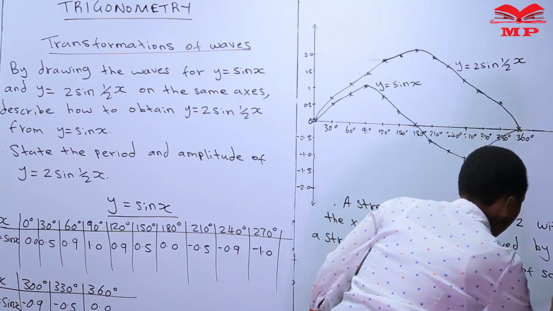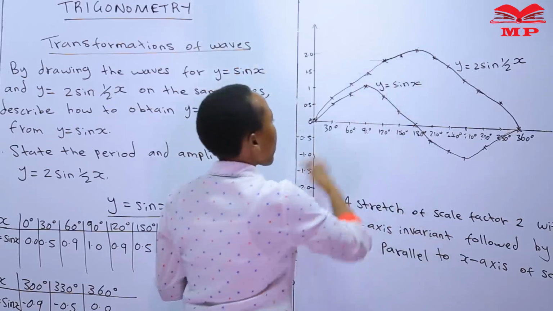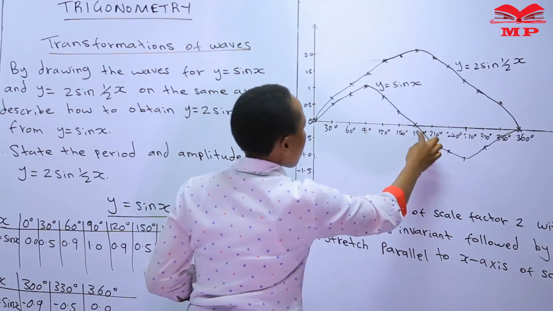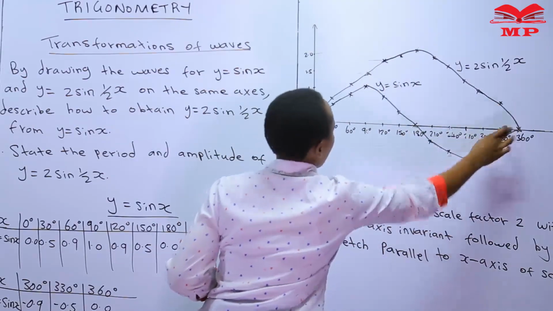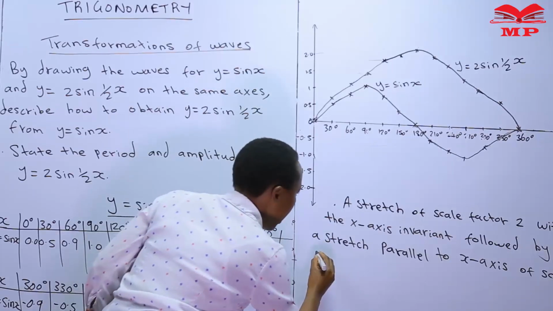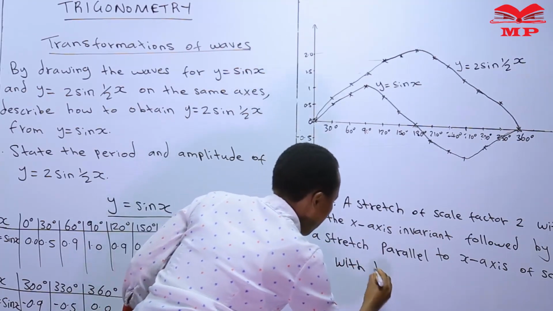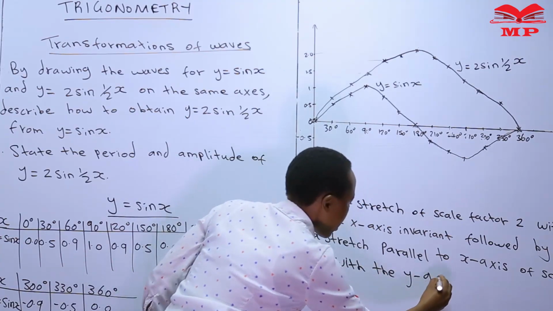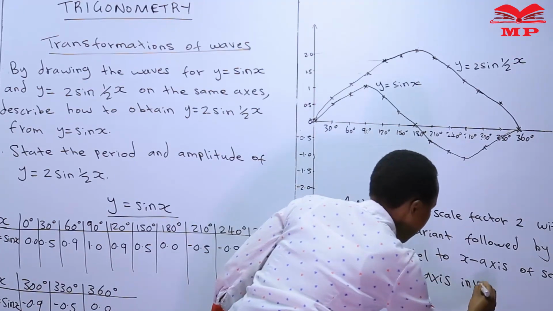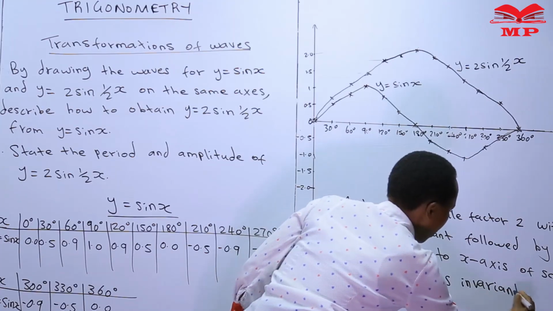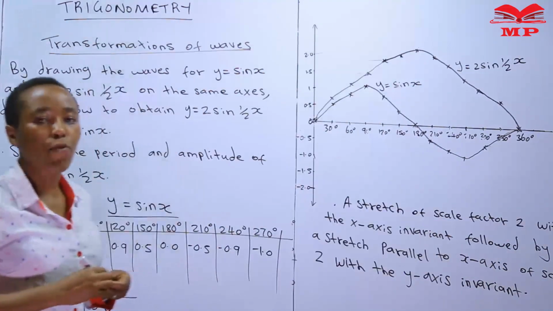and of scale factor 2, because we have 1, 2, with the y-axis invariant. So those are the two transformations.